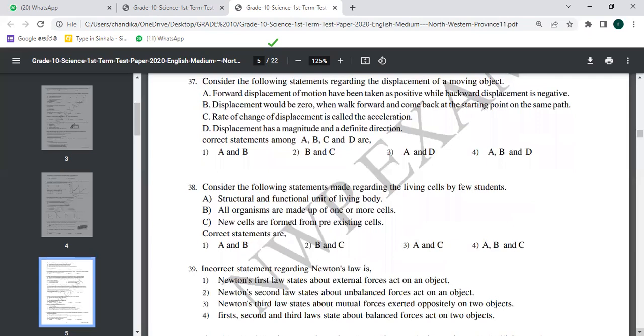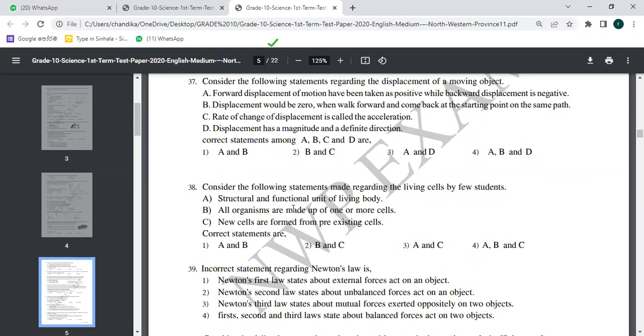Question 37, right? Consider the following statement regarding the displacement of a moving object.